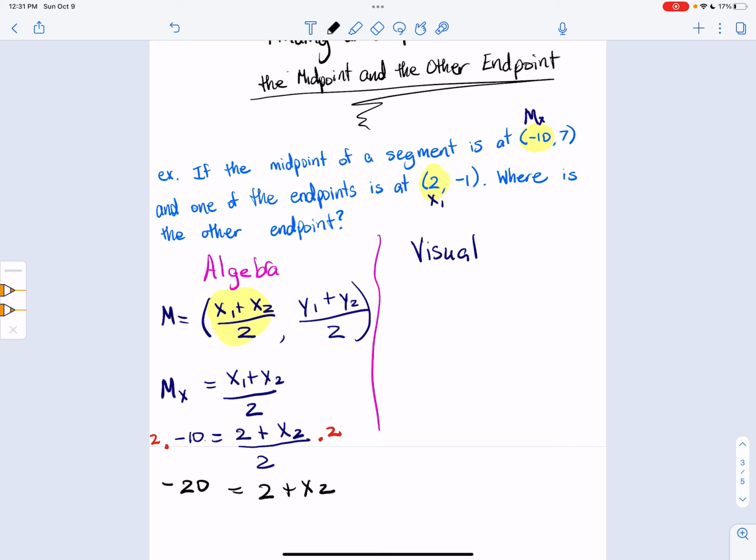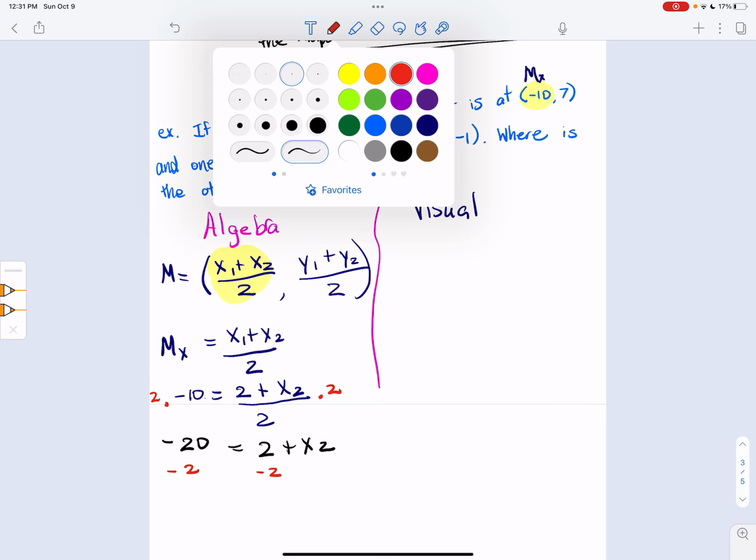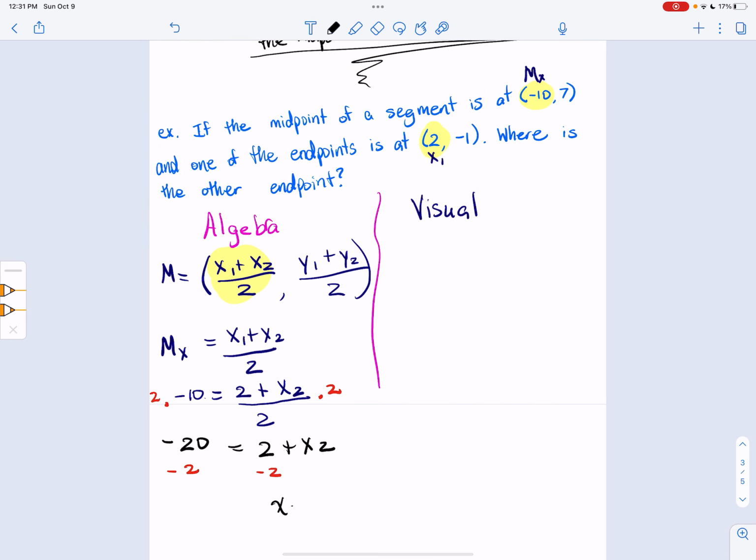From there, we want to get x2 alone, so we subtract 2 to get rid of it. Whatever we do to one side, we do to the other side, and we get that x2 is equal to negative 22. And we're done. Remember that x2 is just the second x. We see now that the second x is negative 22.